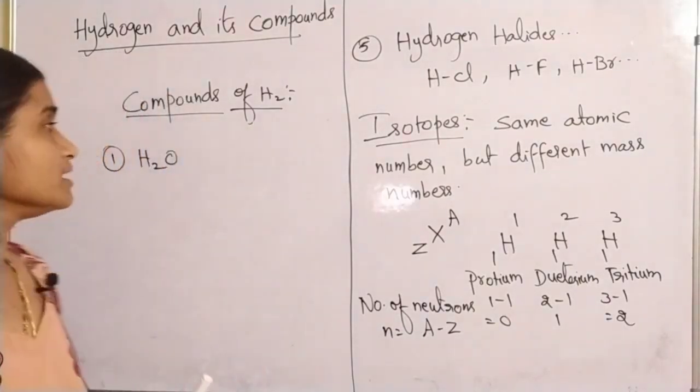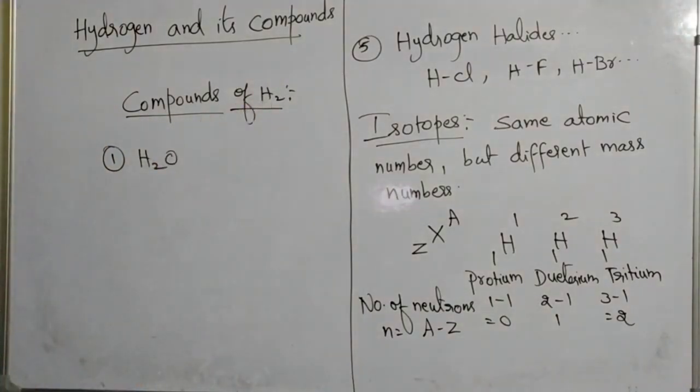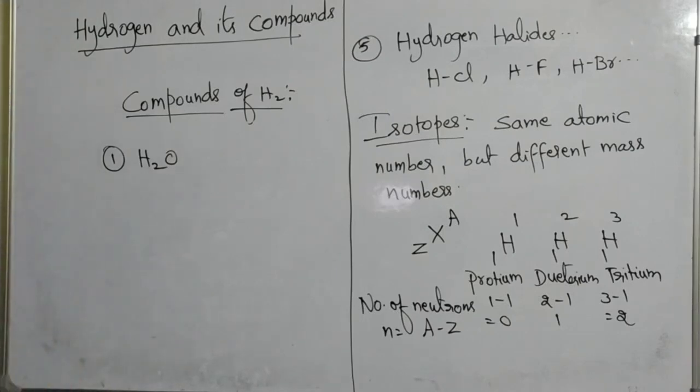Water. So water is the compound formed by hydrogen. How is water formed? Water is formed by the reaction of H2 and O2 in the presence of electricity. By sending an electric spark, you can get water from hydrogen.